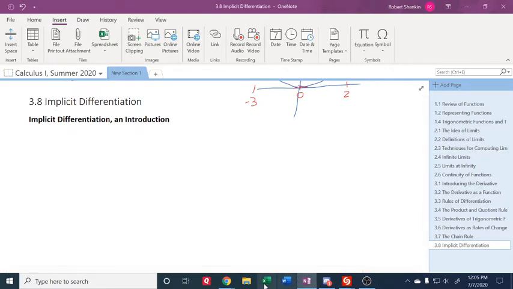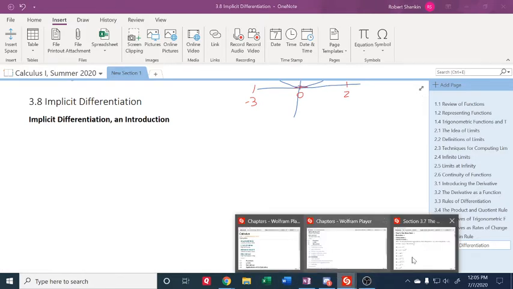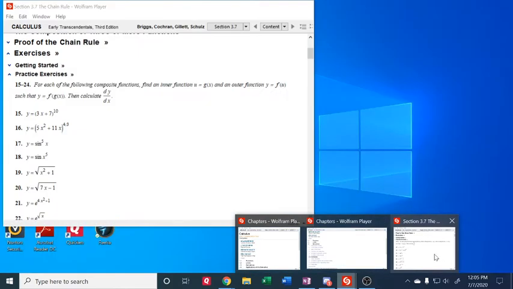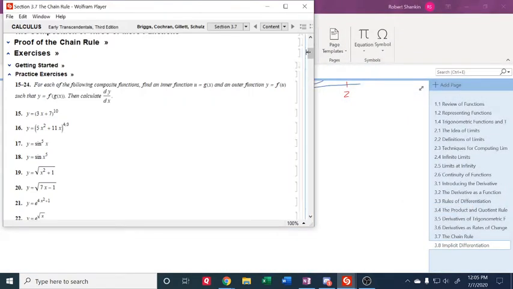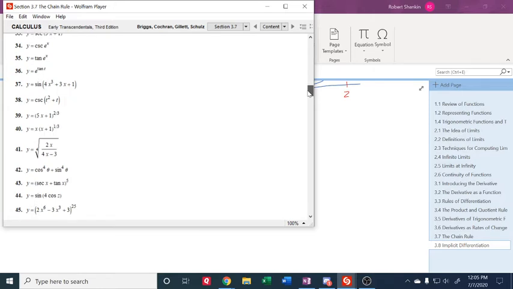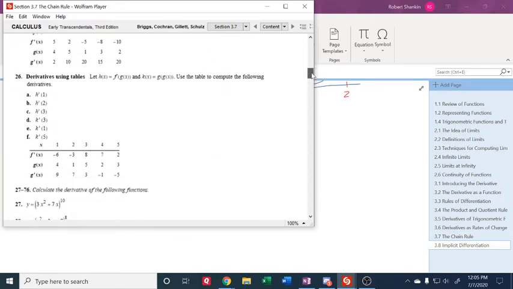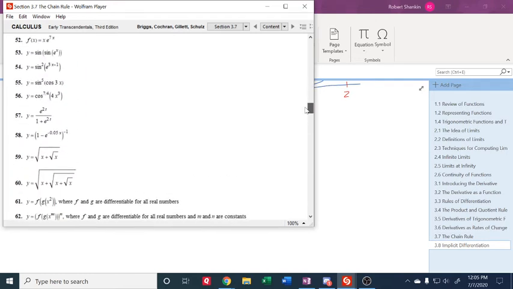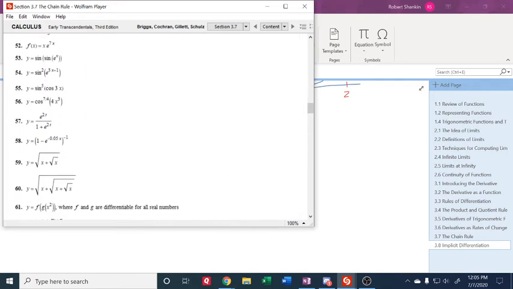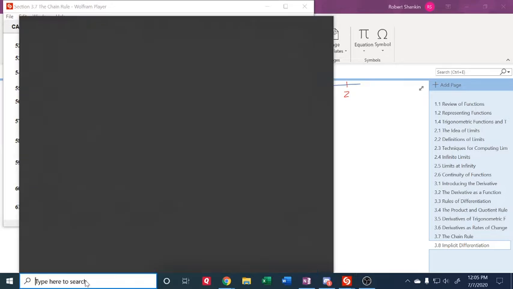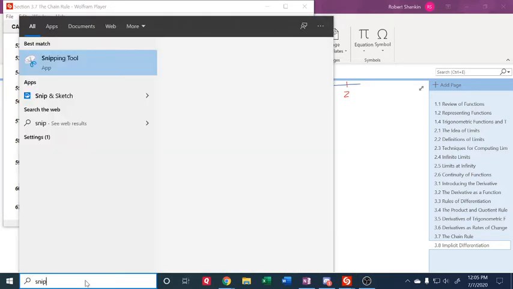All right, so let's look at number 56. This is just take the derivative. So I'm going to do a snipping tool.